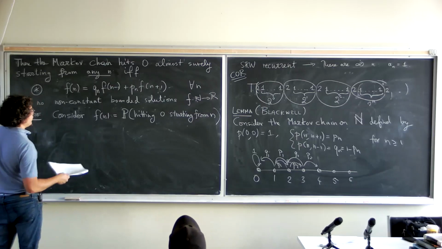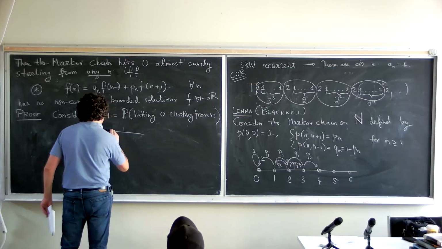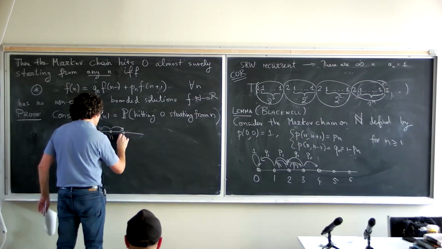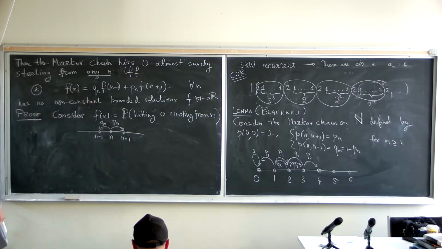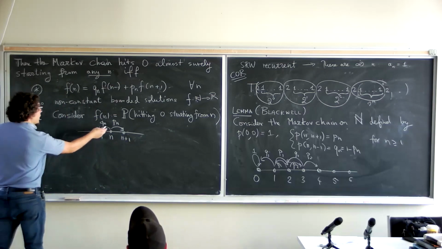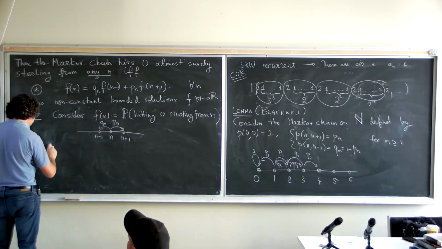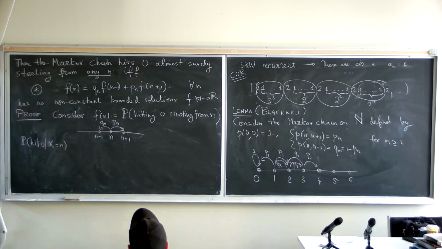It's sort of what this dynamics does. So you have n minus 1 and n plus 1, so you have Pn and Qn. What's the probability of hitting 0 from starting, given that x0 is n? Let's say x0 is the first step of this chain.